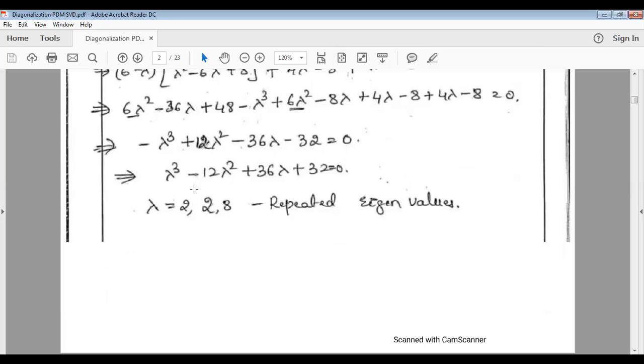If you attended the class yesterday, you will remember that I showed you problems where lambda was not repeating. That means we had lambda like 3, 2, and 5, different values of eigenvalues. And I told you yesterday that we'll look at problems where there is a repeated root. So this is one of the problems where the eigenvalues are repeating.